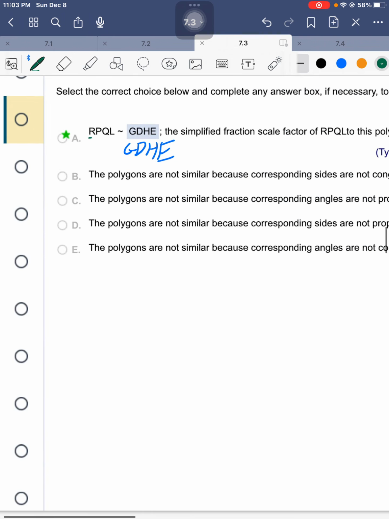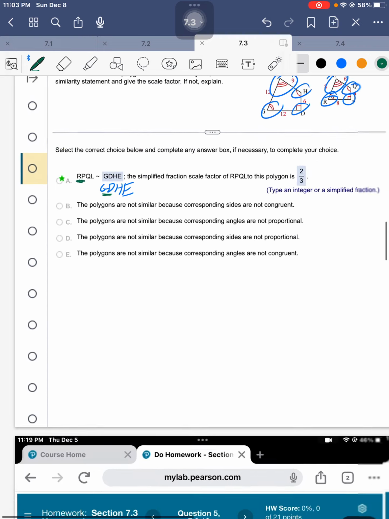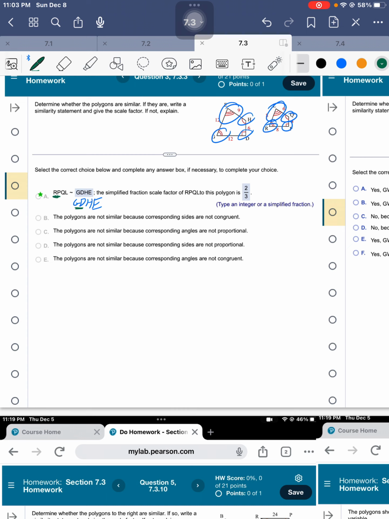So now it's our job to take a look and see if the side lengths are proportional. So RP to GD. So let's write that. I'm gonna erase this, okay? What is RP? RP is 8, and GD is 12. That should be equal to the proportion. What's the next one?